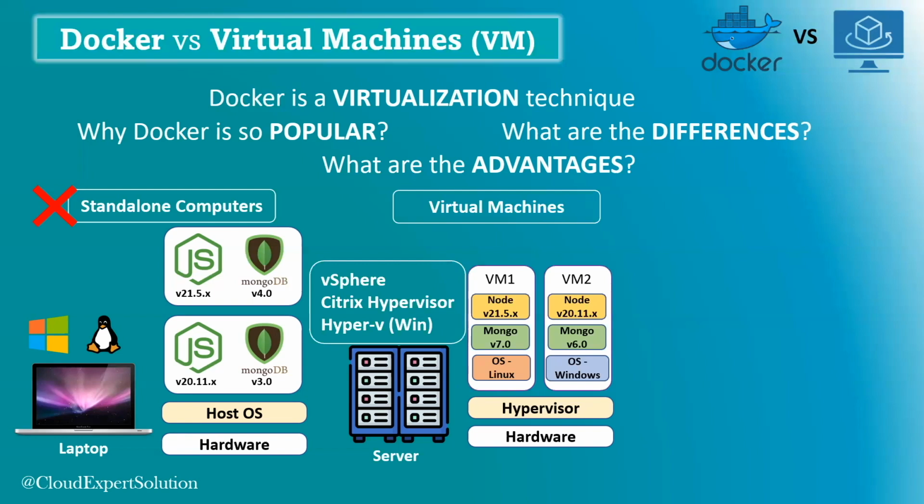With the help of this virtualization technique, we can now run two different operating systems or two different software versions on the same server. This is exactly what every organization is doing in their data centers. But if we take a step further, because of the dedicated guest operating system in every virtual machine, it takes a good chunk of the host hardware.